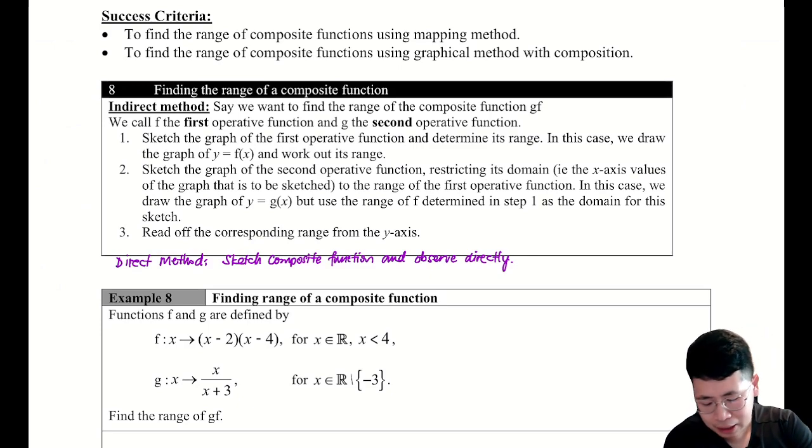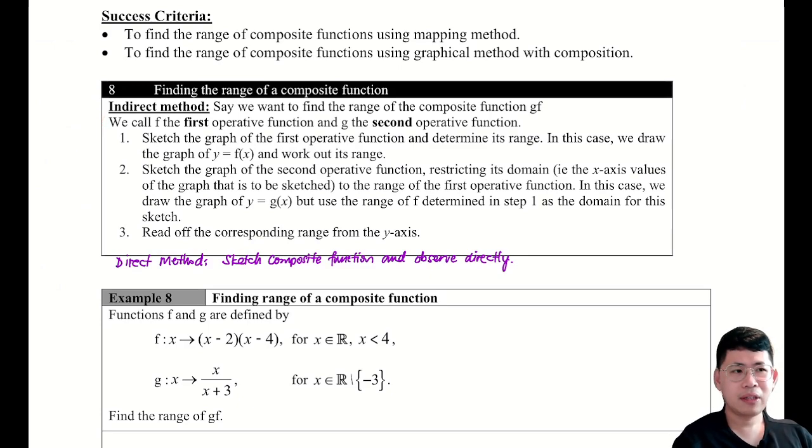But the indirect method is useful for very difficult cases, where the value of the input is very big, or values easily go out of range, or it is very complicated and you cannot type into the GC and get the graph directly. So we need to learn both methods. But in this particular video we are going to focus on the technique for the indirect method.